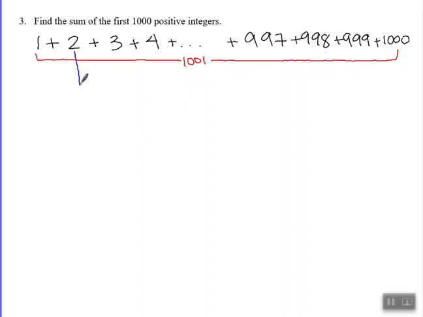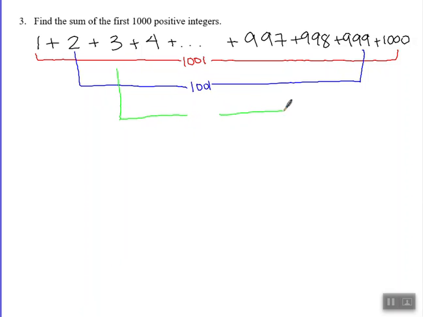If we look at the second number plus the next to last number, 2 plus 999 is 1001. 3 plus 998 is also 1001. 4 plus 997 is also 1001. So we will end up with a bunch of pairs that add up to 1001.